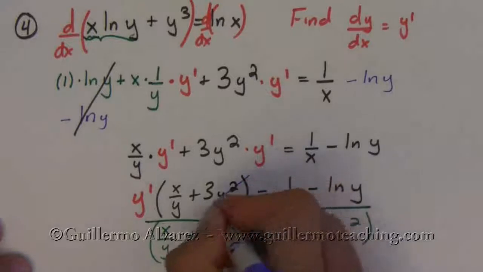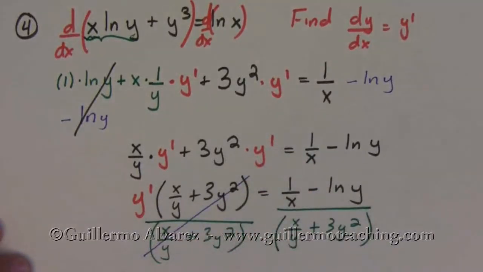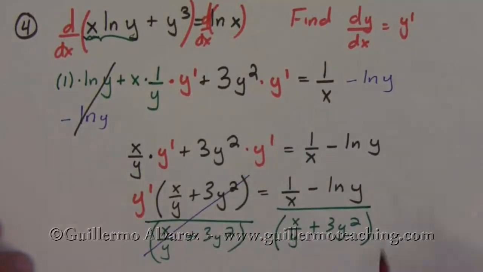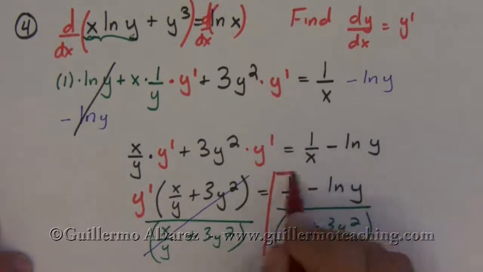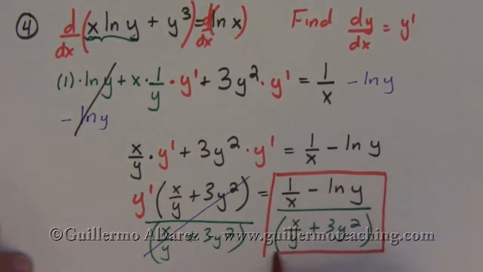And so here on this side, these guys will cancel. And then that's it. This is our answer. You can simplify it a little bit if you wanted to, but this is fine.